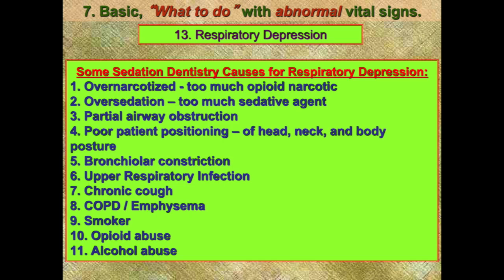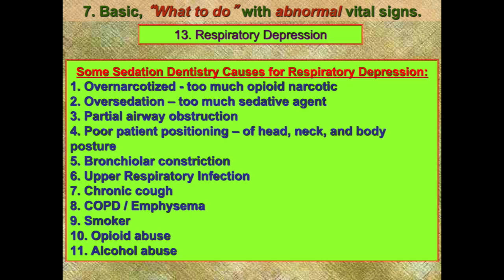So there could be over-sedation, partial airway obstruction that can be from their tongue a lot of times, or loose tissue in their mouth. The facial muscles relax and they can cause obstruction. Poor patient positioning of their head, neck, their body, their shoulders. Remember, they need to be in that sniff position.